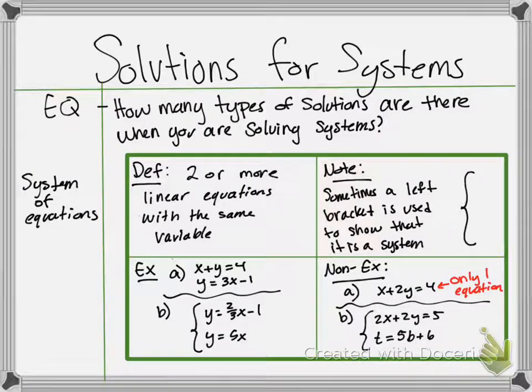Those are not systems because they don't have the same variable. This one has an x and a y, and this one has a t and a b. They have to have the same variable. Let's put not the same variable.